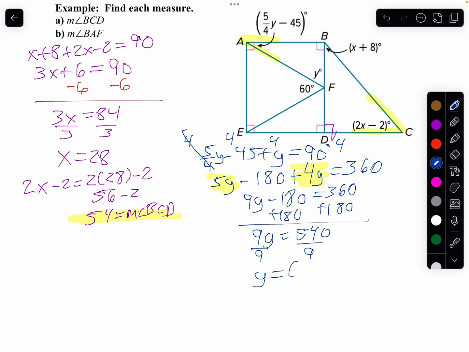Y is 60. And then to find the measure of angle A, I'm going to take 5/4 times 60 minus 45. Well, that works out nice because 4 goes into 60 15 times. 5 times 15 is 75, minus 45 gives me 30.